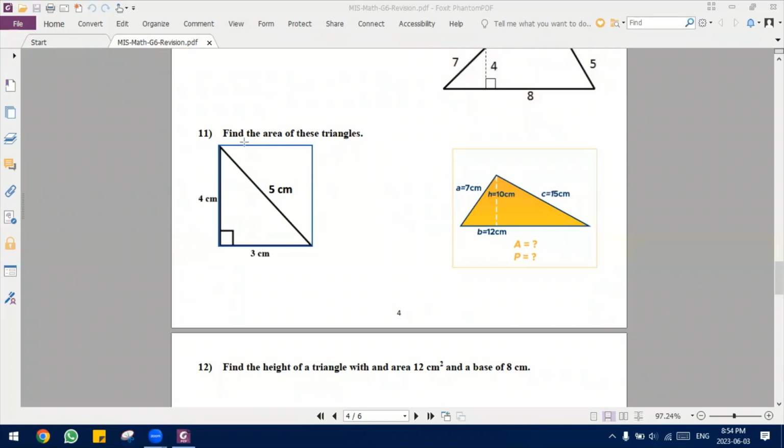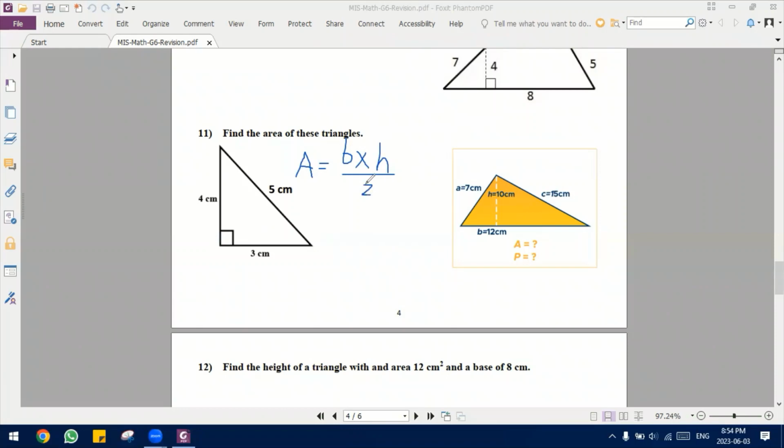Now, if you see that the rectangle is base times height, right? And this triangle is half of it. So the formula of it will be base times height divided by 2. The area of the triangle is base times height divided by 2.